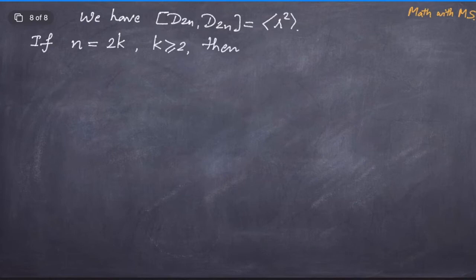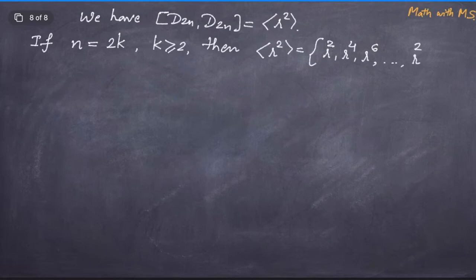what is this cyclic subgroup generated by R square? R square will consist of powers of R square. So, as I said, it will be R square, R4, R6, and so on, and it will go all the way up to R to the power 2k, which will be 1. Okay.